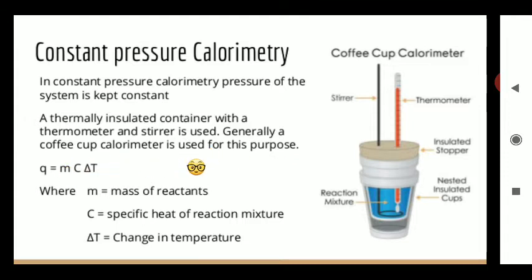Generally, a coffee cup calorimeter is used on the basic principle Q is equal to M into C into delta T. M stands for the mass of the reaction mixture taken inside this cup, and C stands for what? That is the specific heat of the reaction mixture, and delta T stands for what? That is the change in temperature. So what is a coffee cup calorimeter? The simple device by which, by taking the constant values, you can find out the specific heat of the substance.